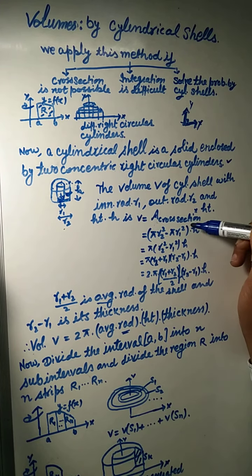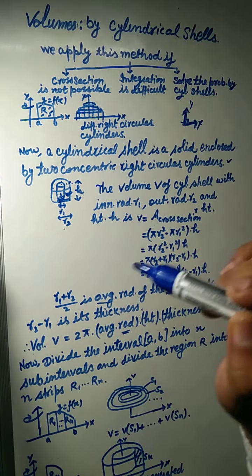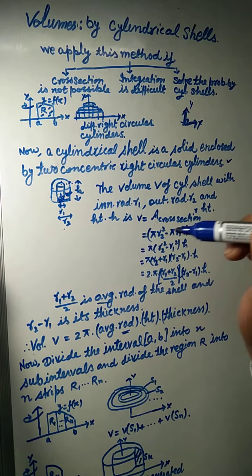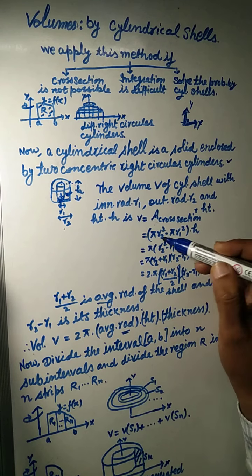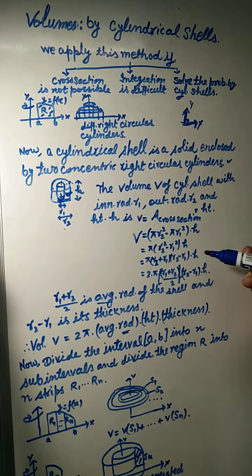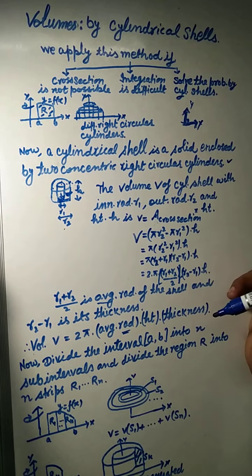So area of cross section will be pi R2 squared minus pi R1 squared, times height, and this is the volume. So this equals pi (R2 squared minus R1 squared) times height.